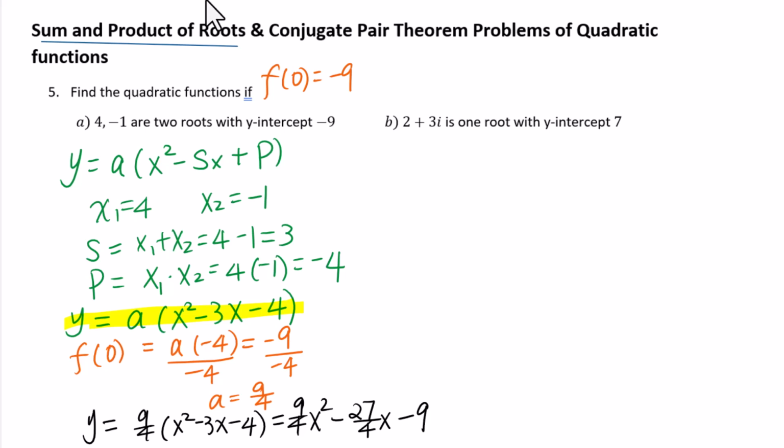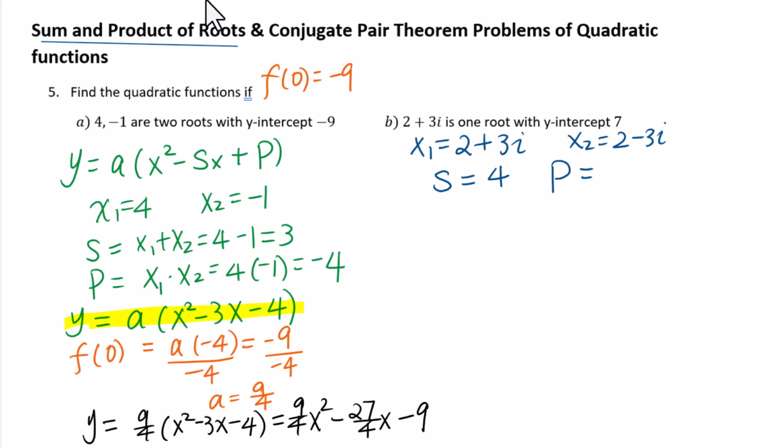Let's go to B. 2 plus 3i is one root with a y-intercept 7. So we know x1 equals 2 plus 3i, x2 equals 2 minus 3i. Sum equals 4.